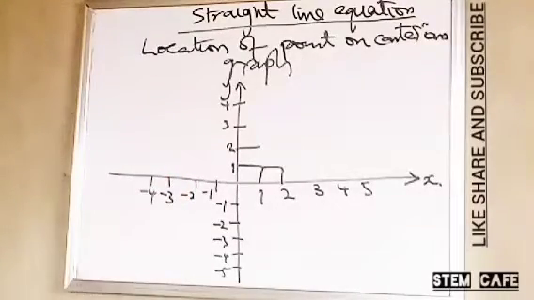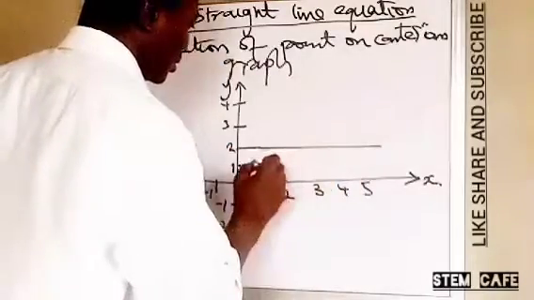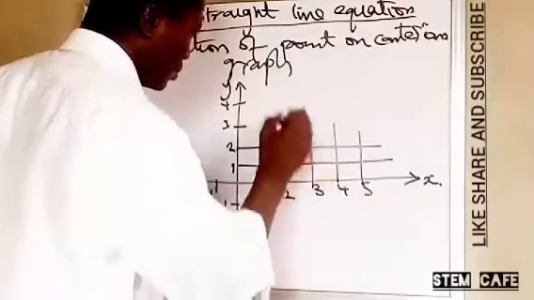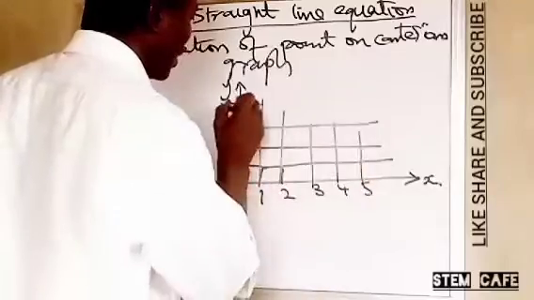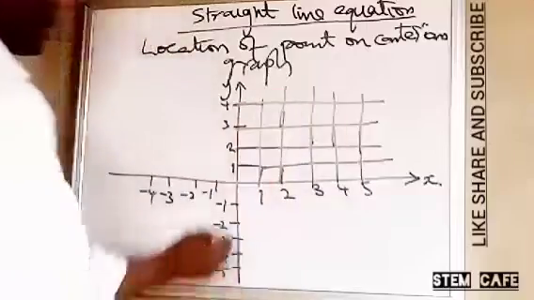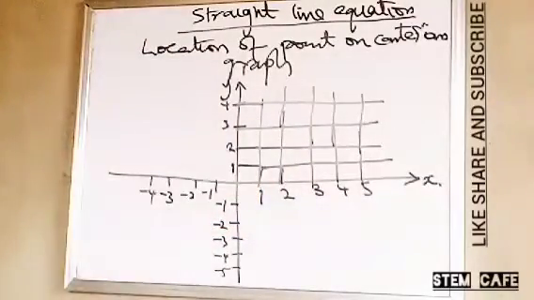At least we are familiar with the graph. All these will become squares, so this will be 1 centimeter by 1 centimeter and so on.